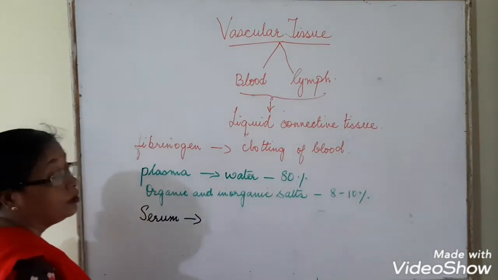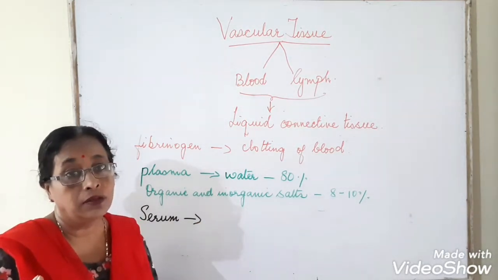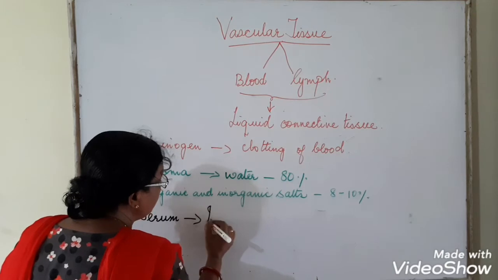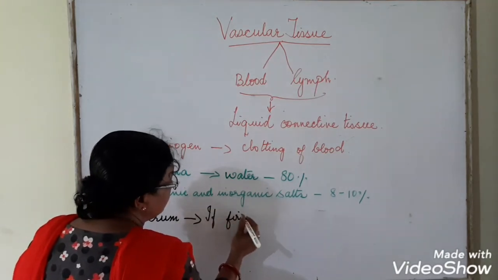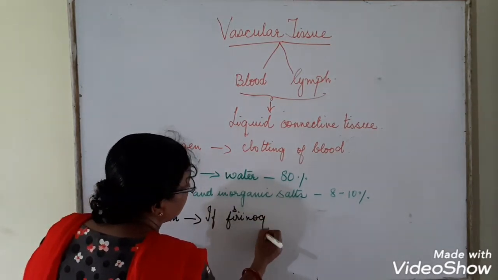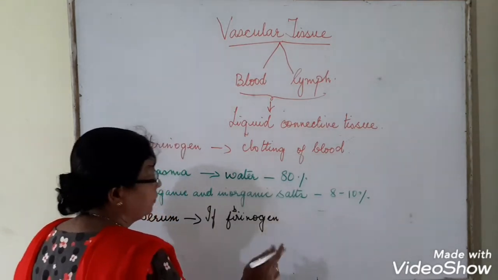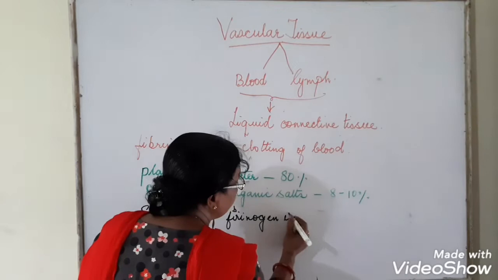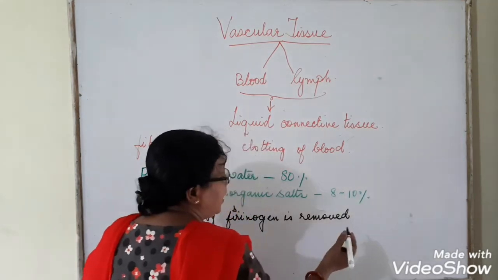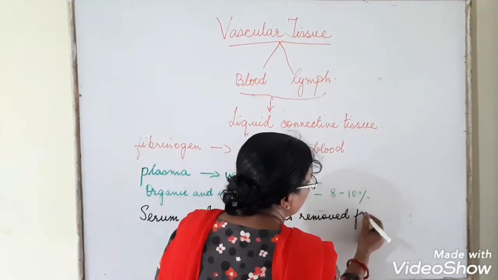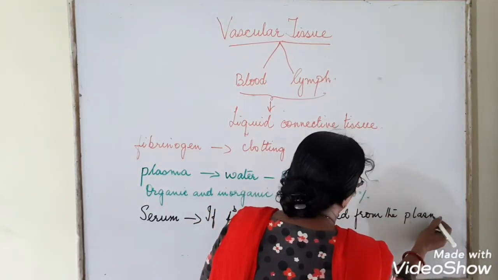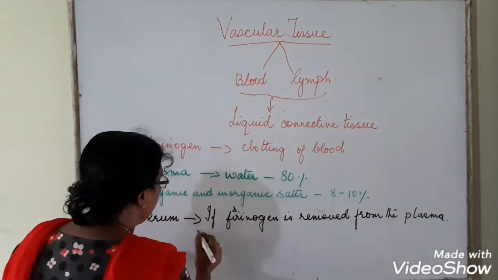If you remove fibrinogen, the clotting substance, from the plasma, it is known as serum.